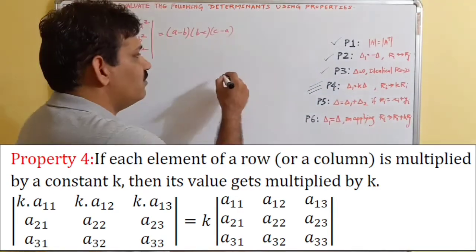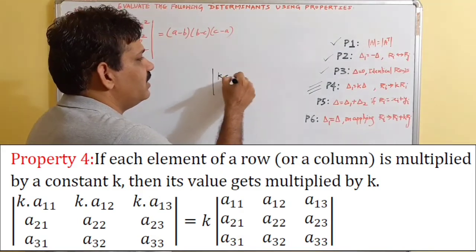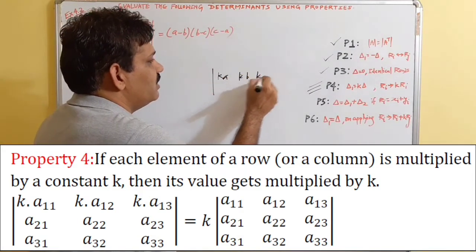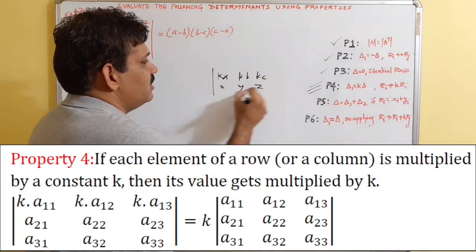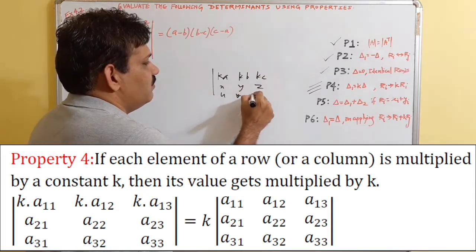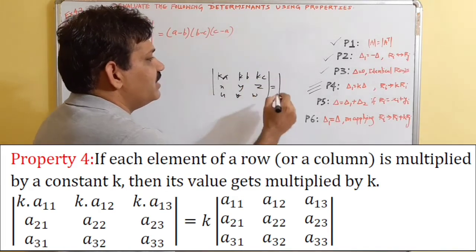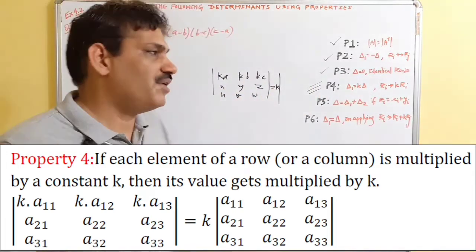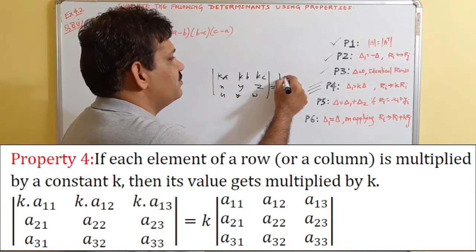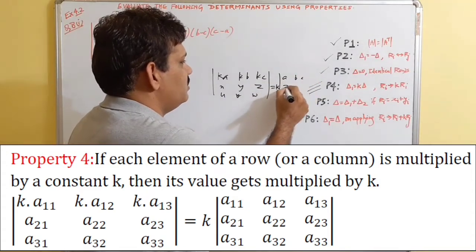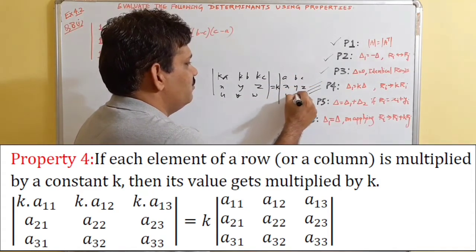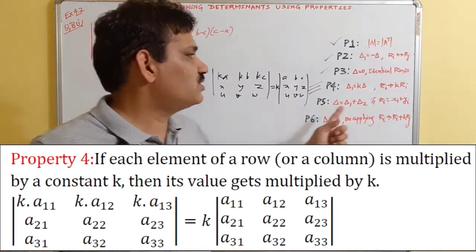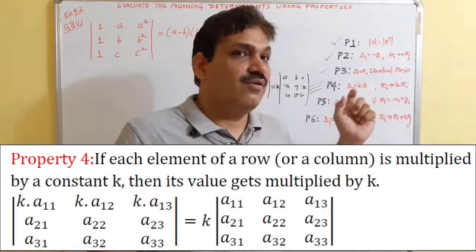See, if I have a determinant ka, kb, kc, x, y, z, u, v, w, then I can take k common from a particular row. That is the most important property which will widely be used. So it becomes k times the determinant a, b, c, x, y, z, u, v, w. So this is how it works.